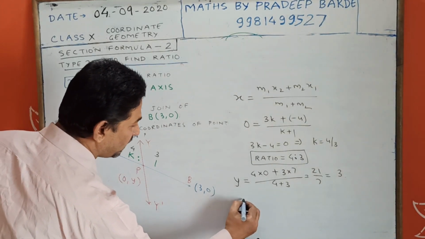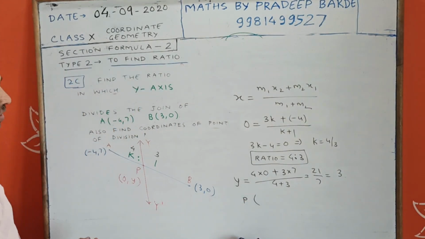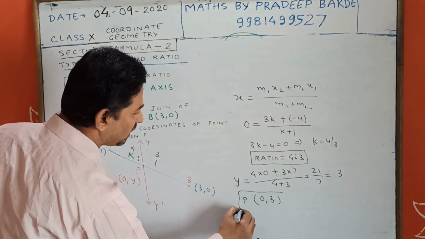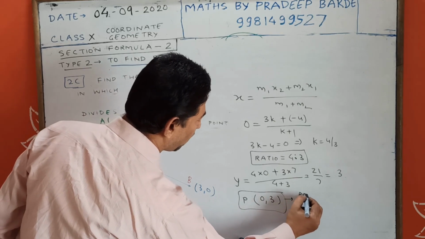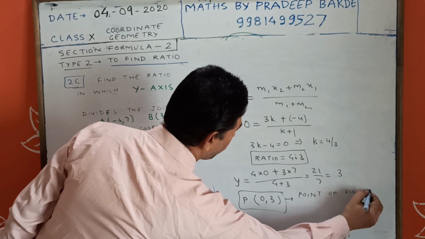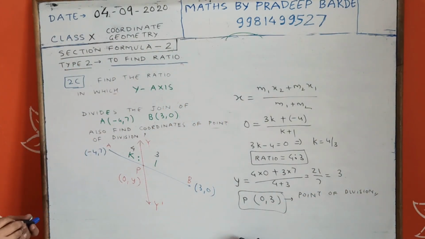Therefore the coordinates of P are 0, 3. This is point of division.